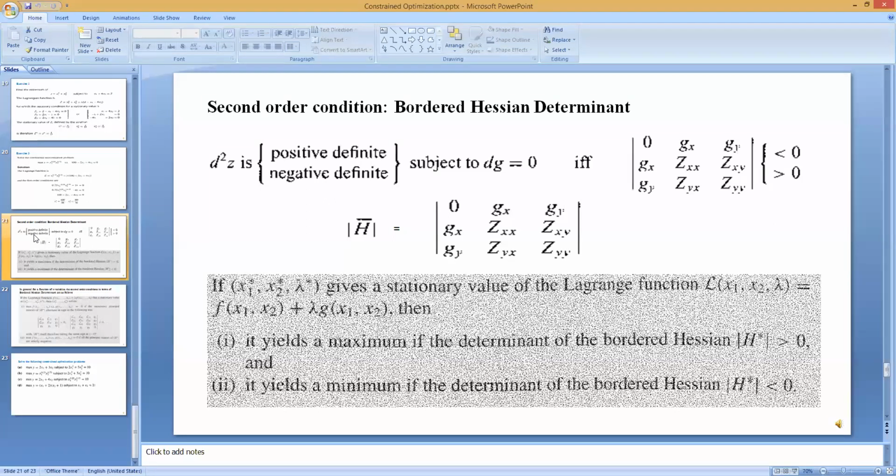Now we are considering the third definition of strict convexity.